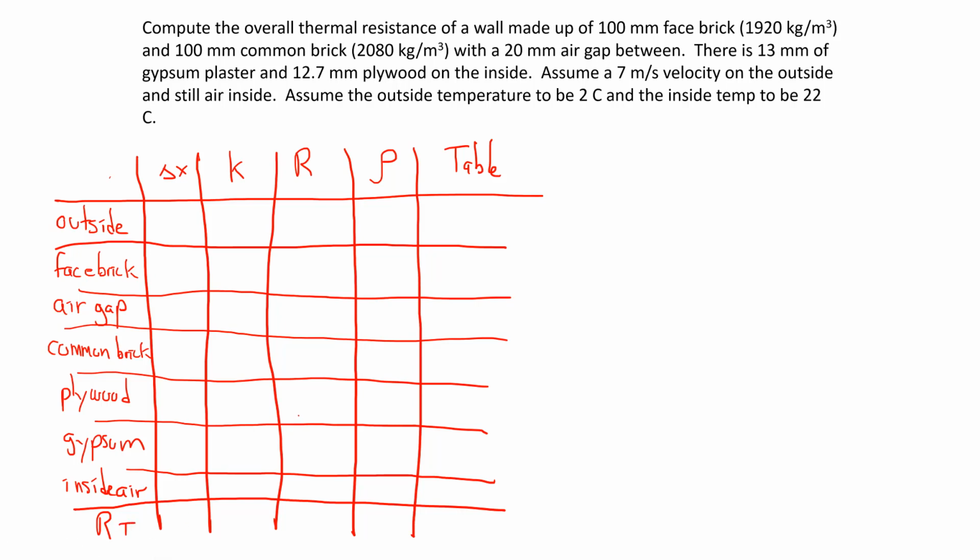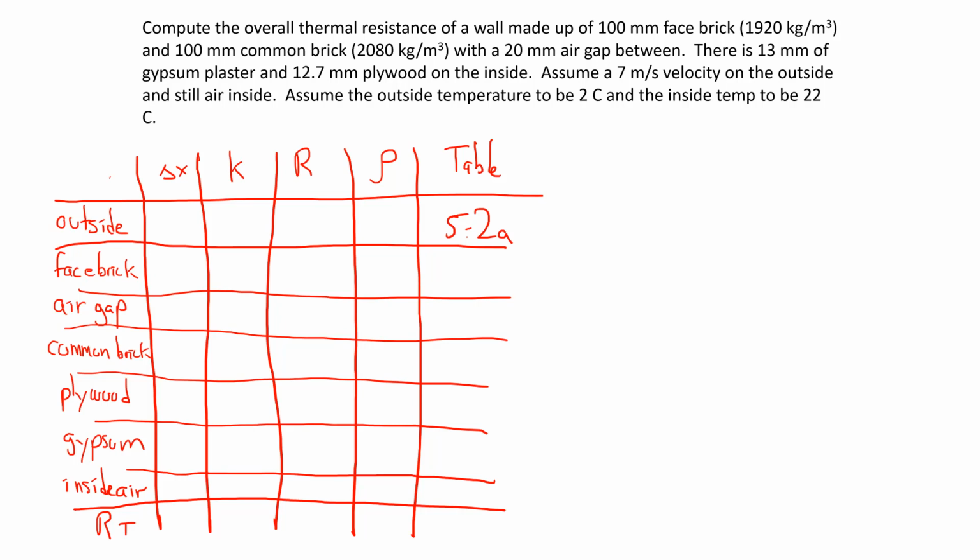All right, so starting with outside air. Again, this is table 5.2. We have outside air traveling at 7 meters per second. The closest to that is the outside air for the winter time, 6.7 meters per second.